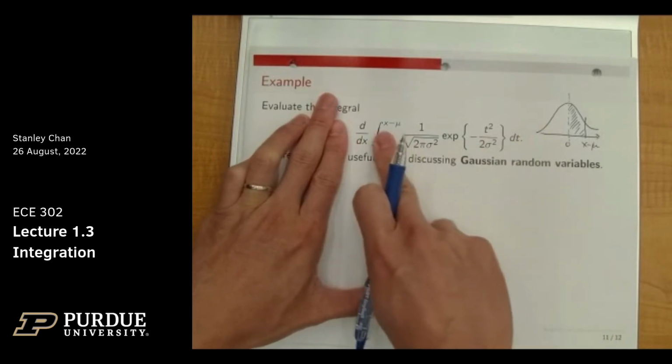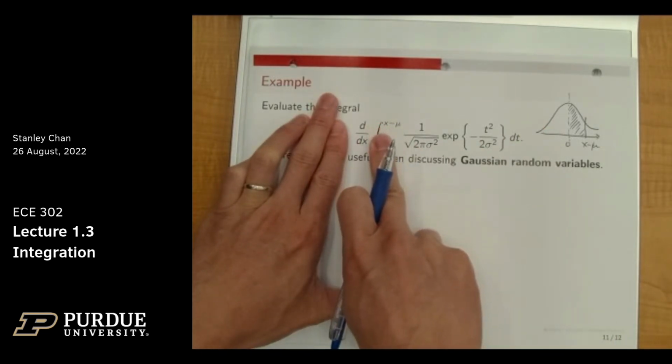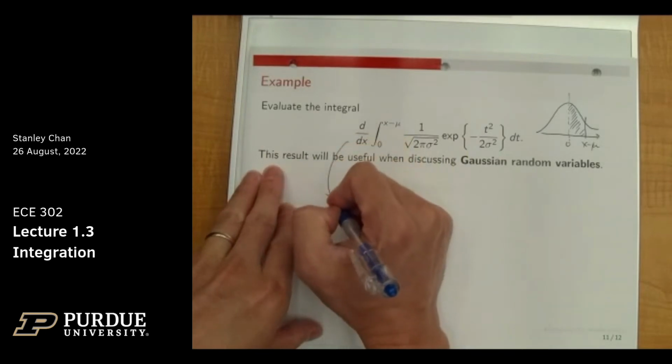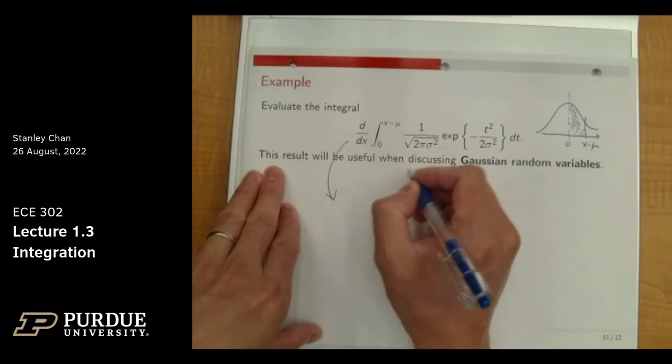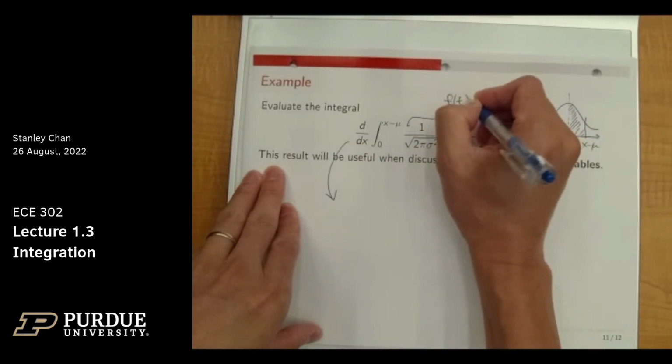But the good thing is that you actually have this derivative outside. I'm asking about this combination of derivative and the integration. So that can save your life a lot. And in fact, this one will give you directly the result as follows. This is your f(t).